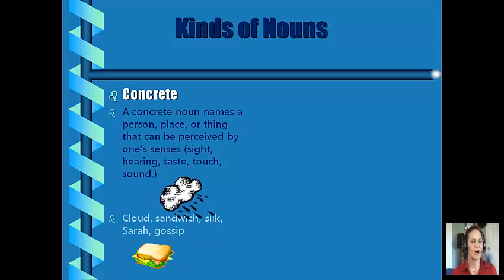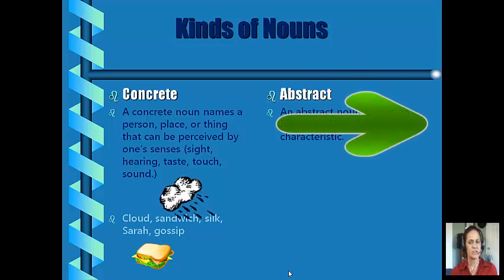So we have concrete nouns, those nouns that name persons, places, or things that can be sensed with our five senses. We have abstract, which names an idea, a feeling, a quality, or a characteristic.